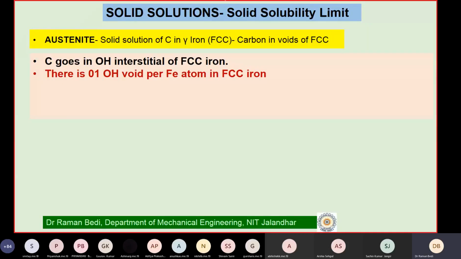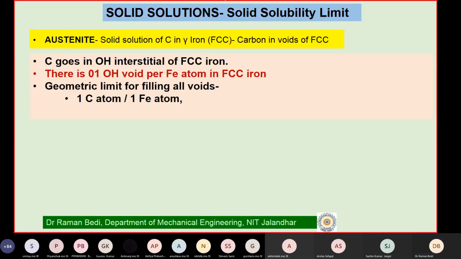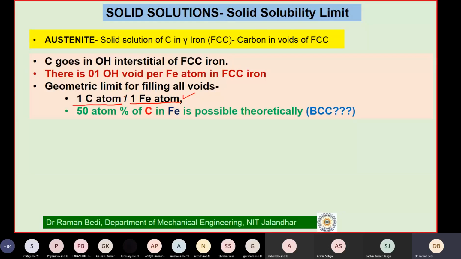There is one octahedral void per atom, which means that the geometric limit for filling the voids is that for each iron atom present in the solution, one carbon atom can be accommodated. That means 50% of carbon in iron is theoretically possible, 50 atomic percent now, not weight percent.